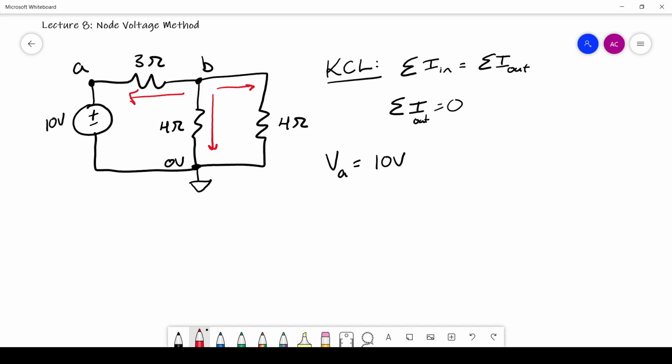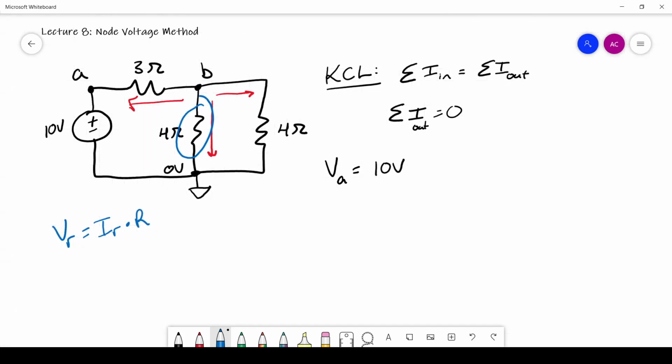Let's start with this current, the one that's going straight down. The way we can represent that is the potential difference across this resistor. I will use the blue color. If you remember from Ohm's law, the voltage across that resistor has to be equal to the current through that resistor times the resistance. We know that this is true.